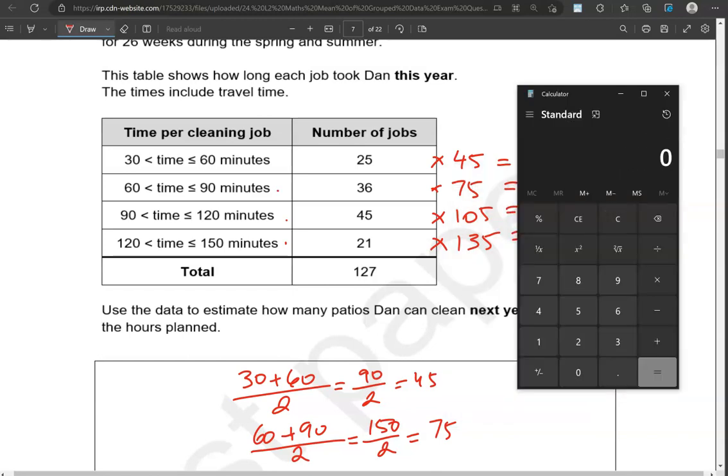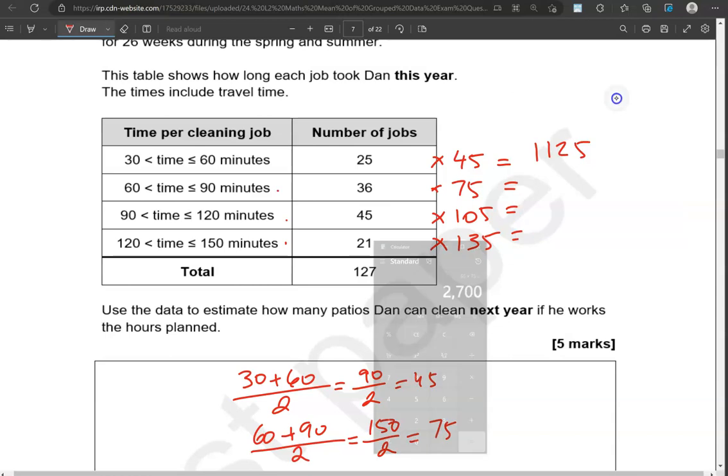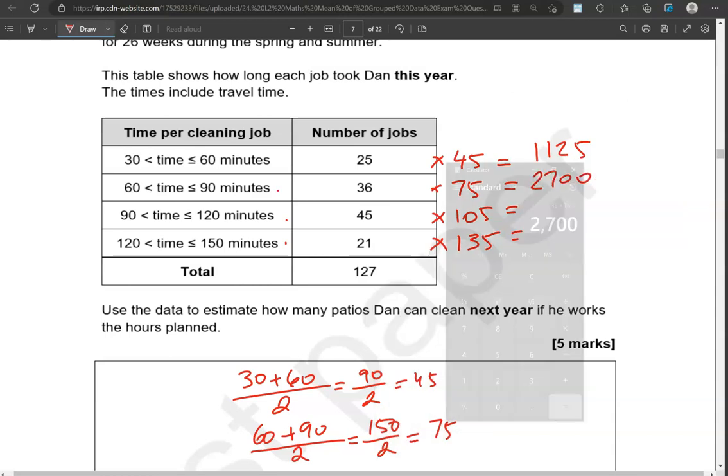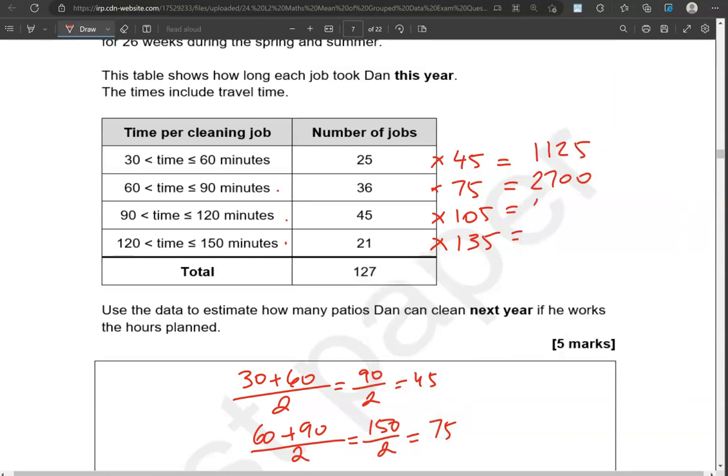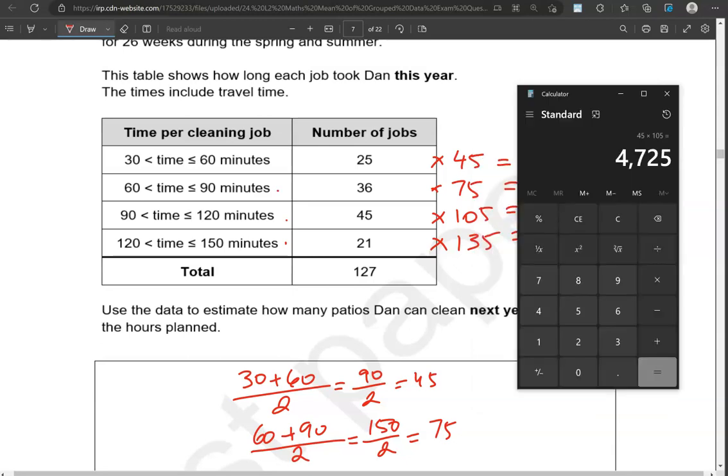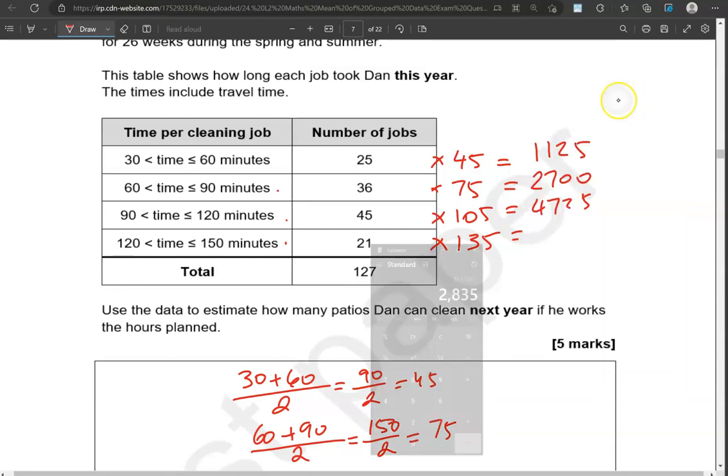Now 36 times 75 is 2,700. 45 times 105 gives us 4,725. 21 times 135 gives us 2,835.